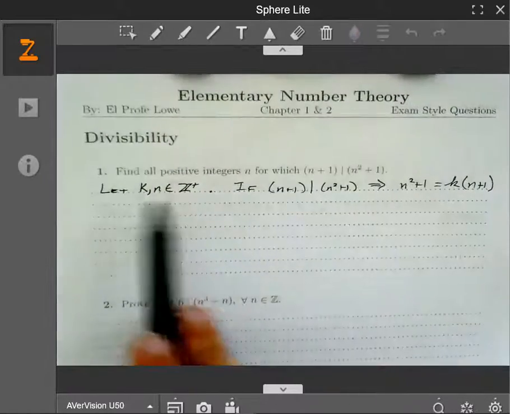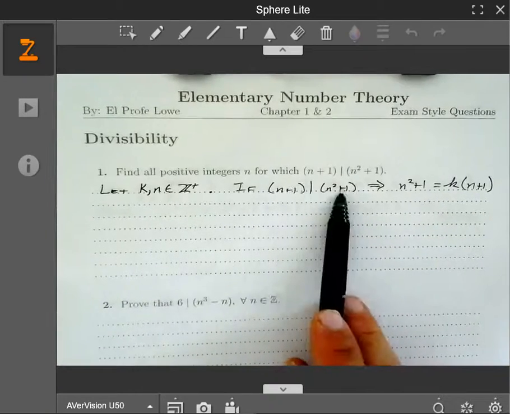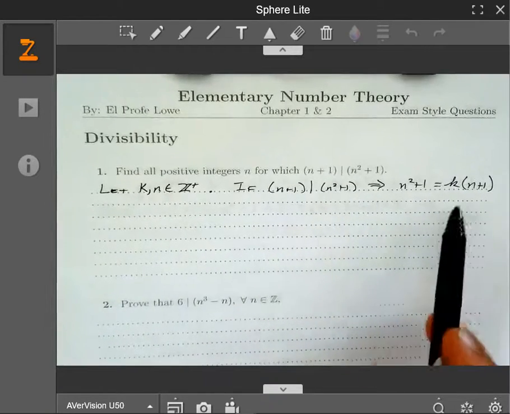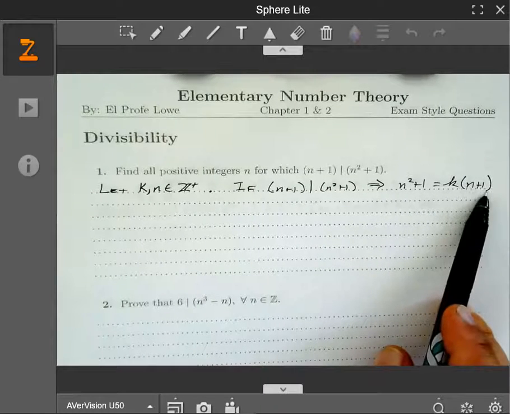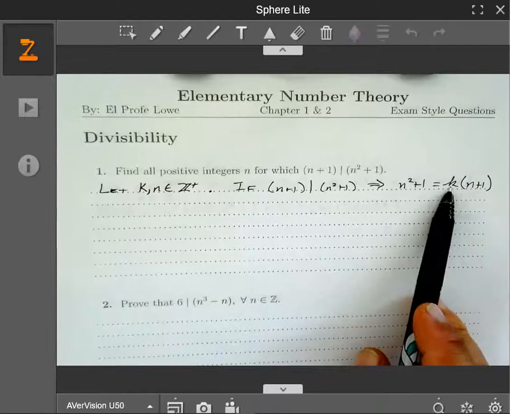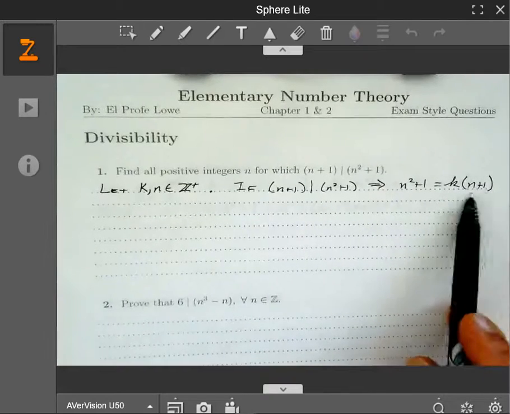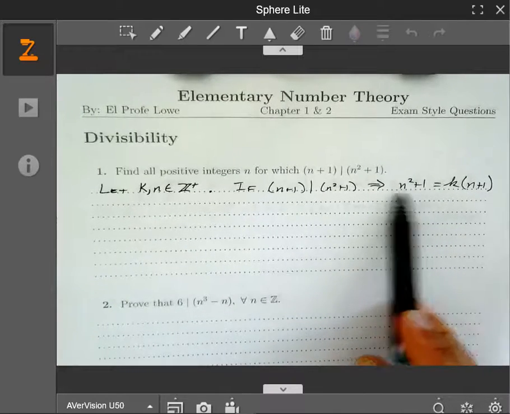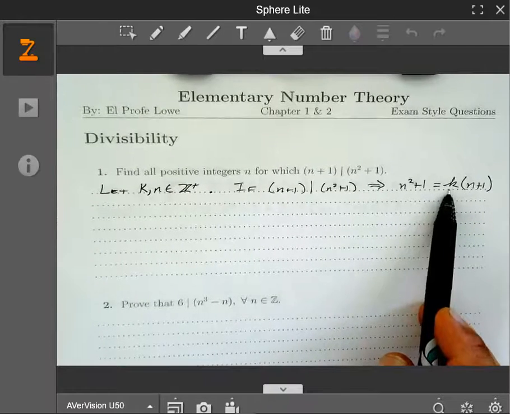So k and n are positive integers, because I can write n squared plus 1 as some integer times n plus 1. Why does k need to be positive? Well, because n is positive, we know that n plus 1 is positive. n squared plus 1 must also be positive, so k has to be positive as well.